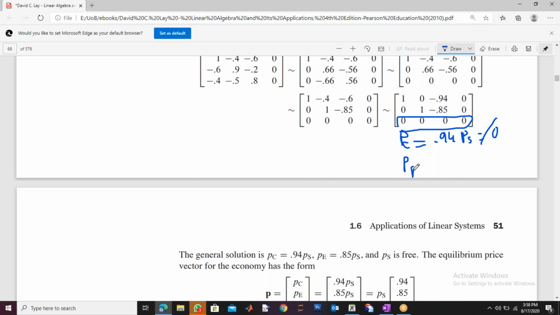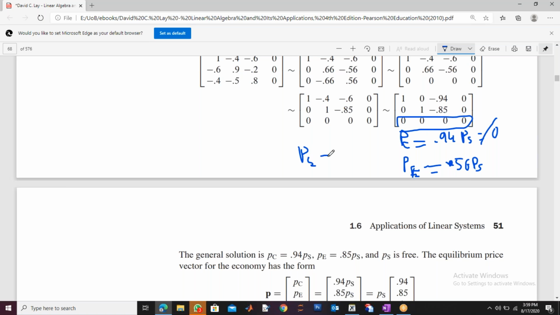The second equation gives me PE minus 0.56 PS equal to 0. So if I bring it to the other side, minus becomes plus, and PE becomes 0.56 PS. So see, PS is free here. I did not get any value for PS because the third row becomes 0.